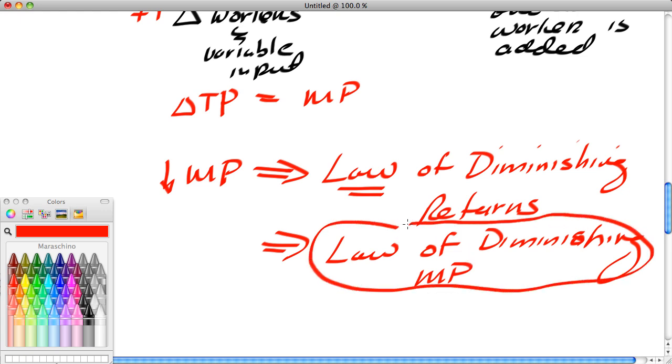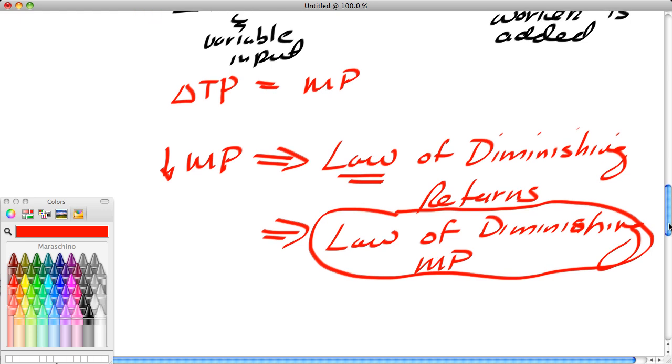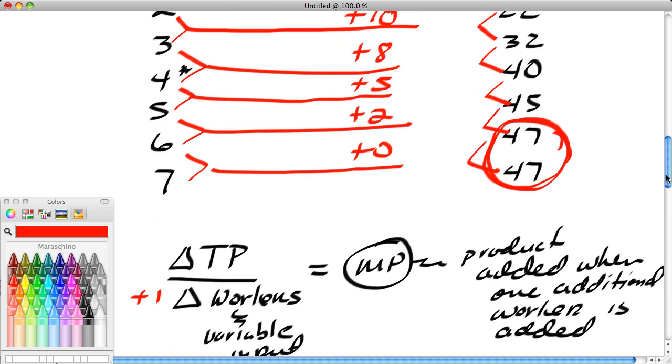What's the law of diminishing returns? It's the law of diminishing marginal product. What is marginal product? It's the productivity of an additional resource when the other resource is being held what? When the other resource is being held constant.